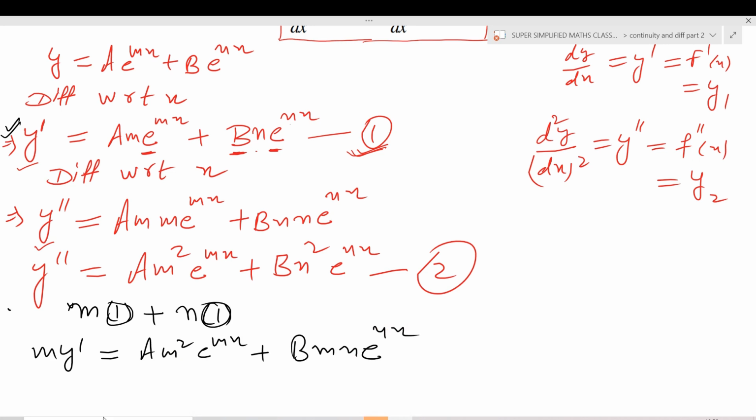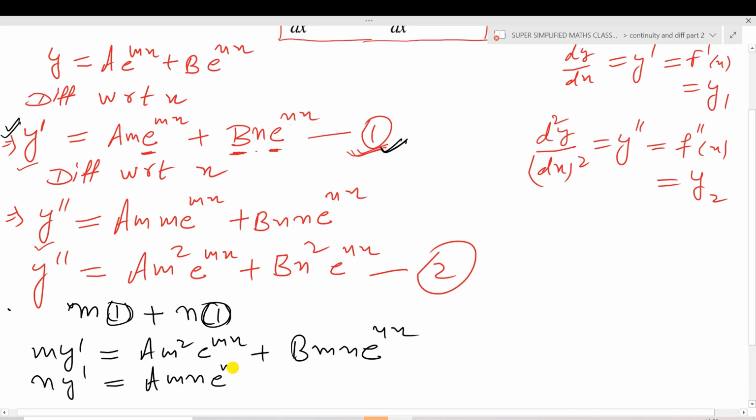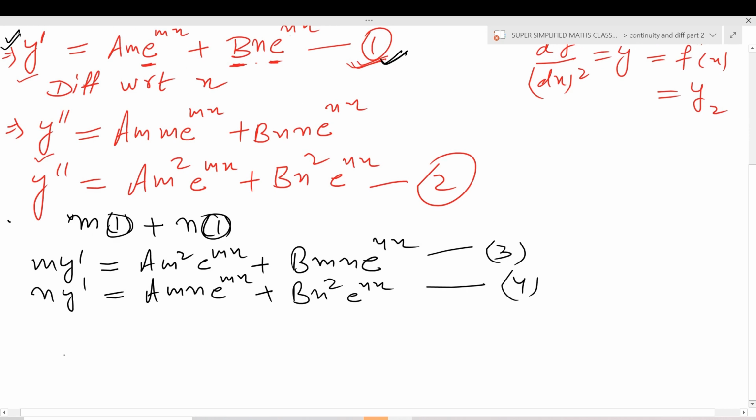Now I again multiply the same equation by n. So we get n y dash is equal to a m n e mx plus b n square e nx, and we call these equations 3 and 4. Now in the next step I am adding equations 3 and 4.